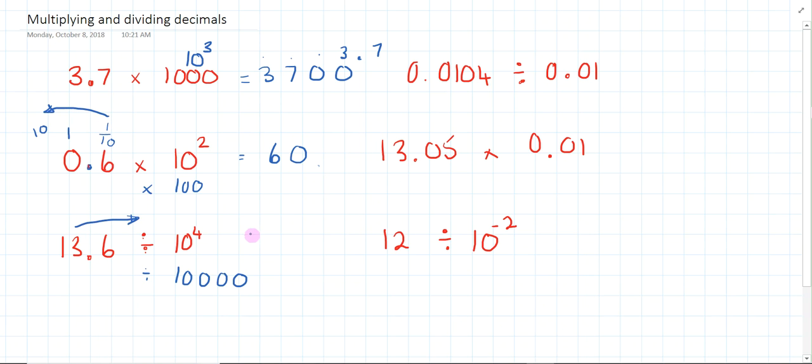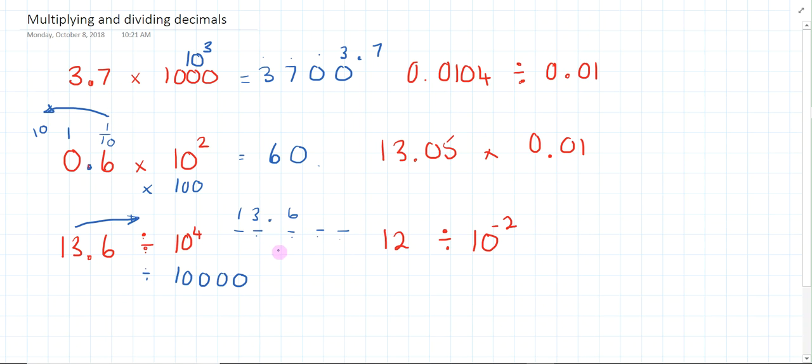Now I tend to do it like this. So I've got a 1, a 3, a 0.6. And what I tend to do is draw little lines. 1, 2, 3, 4. Up to you, I'm just telling you this is what I do. So the 1 is pushing all the others, so they all have to maintain their order. So the 1 was there, so it moves 1, 2, 3, 4.